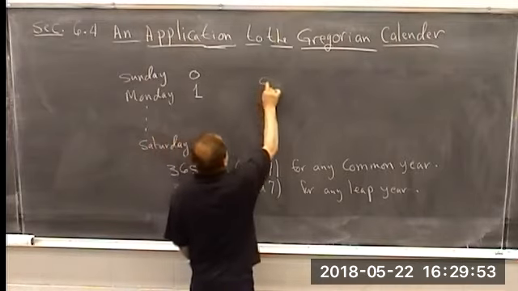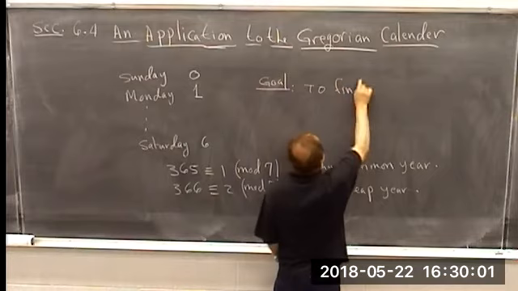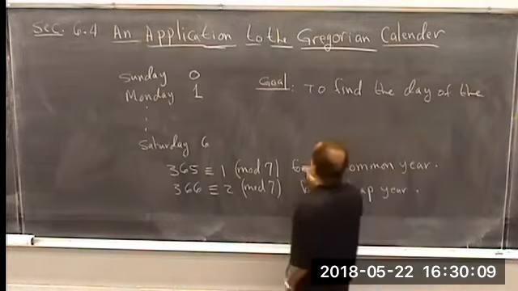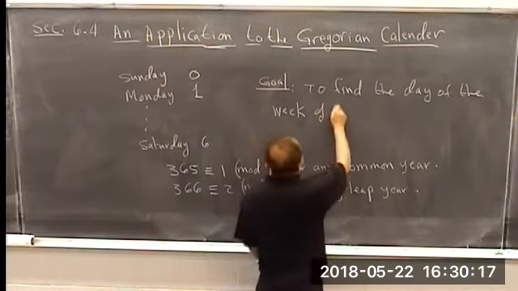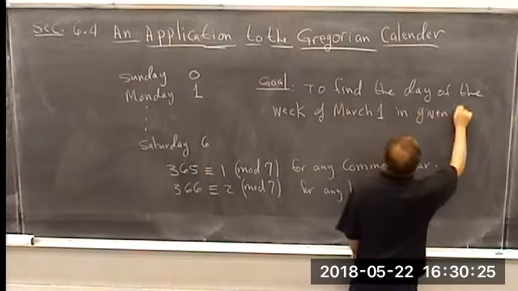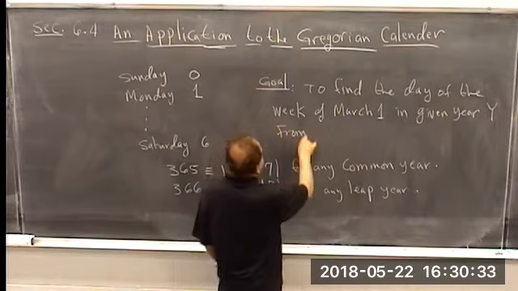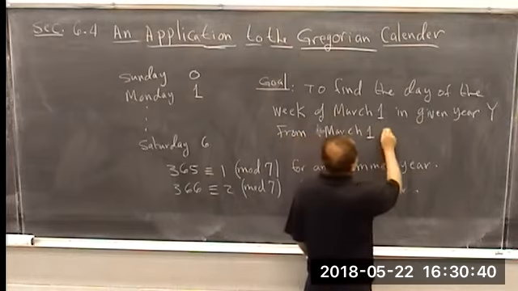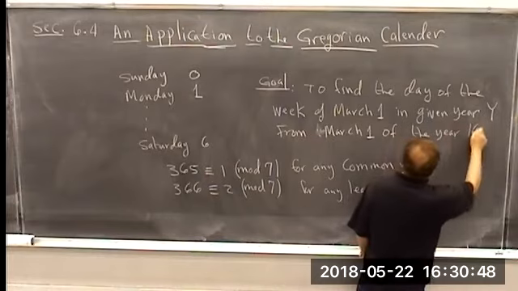So this is our first goal: to find the day of the week of March 1st in a given year, say Y, from the March 1st of the year, since the year 1600.